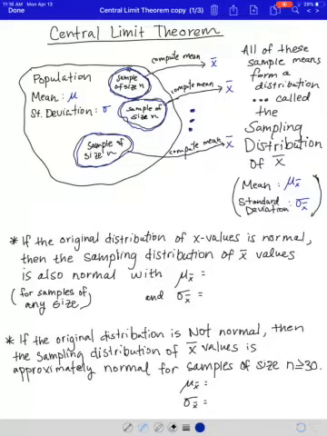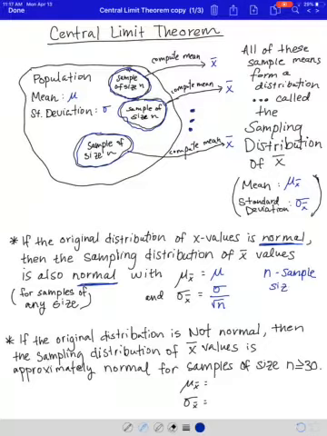The first says that if the original distribution of x values is normal, well, then this new sampling distribution, which we've created, is also normal, and it has mean mu sub x bar, which is just equal to the original population mean, and its standard deviation is computed as we take the population standard deviation sigma, and we divide by the square root of n, where n here is our sample size.